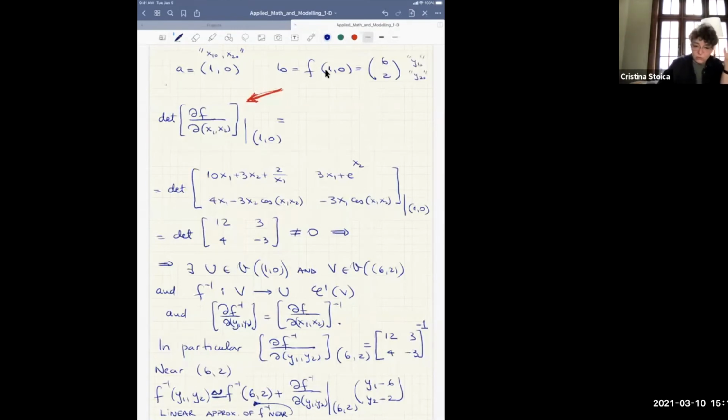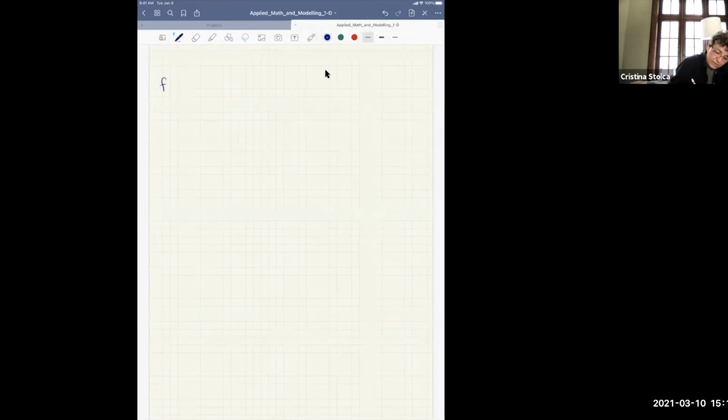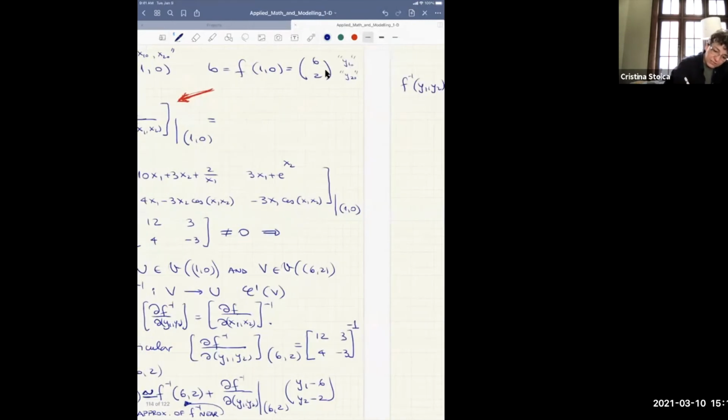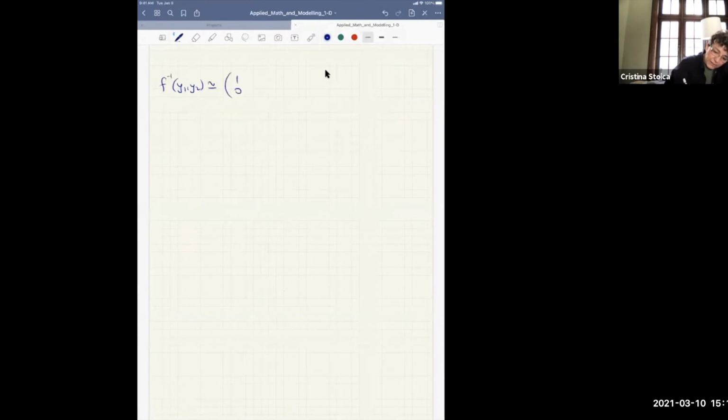Okay, so if I want now to actually put my hand on it, I'll write another line. So F^-1 at (y1, y2) is almost equal to F^-1 at (6, 2), which is (1, 0), plus the inverse of the matrix (12, 3; 4, -3) times (y1 minus 6, y2 minus 2).